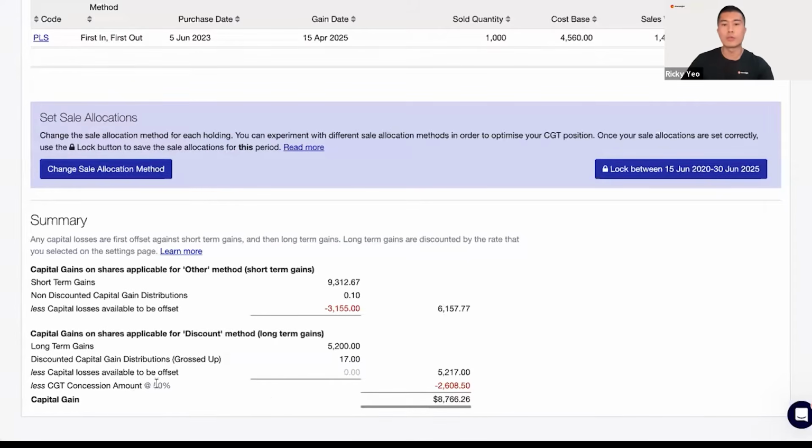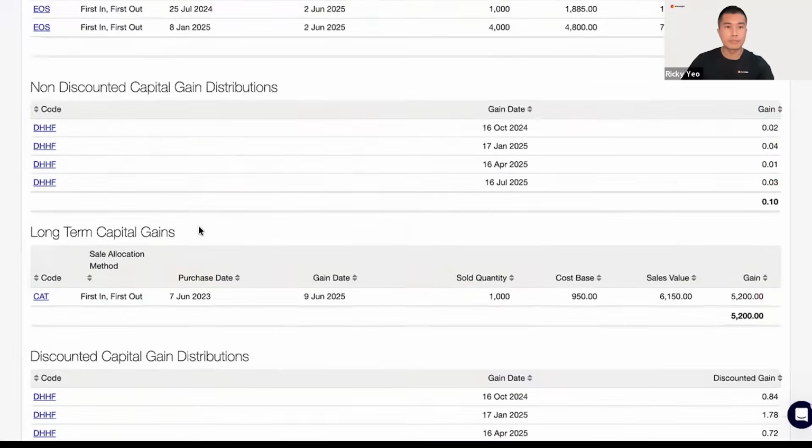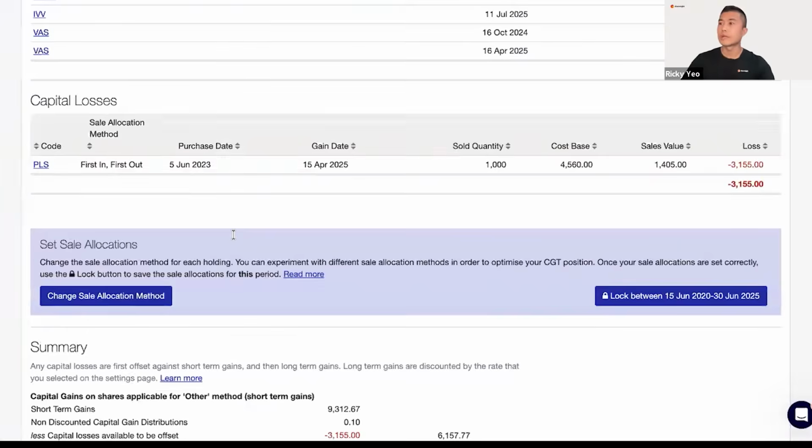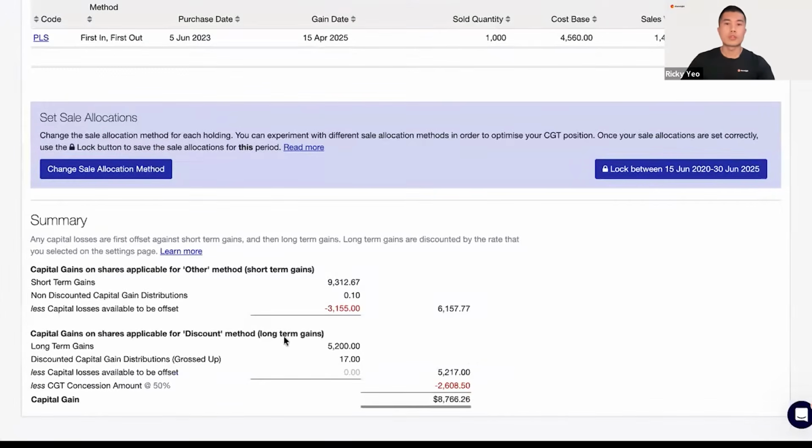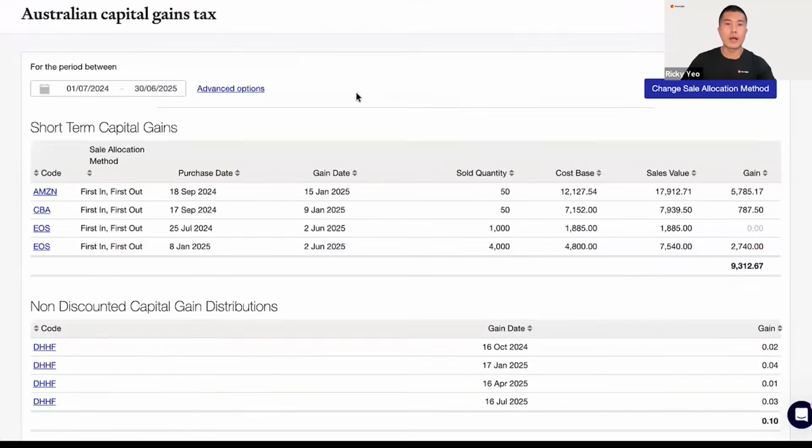For an individual, it'll be 50% of this amount, and that comes to your net capital gain for the financial year.